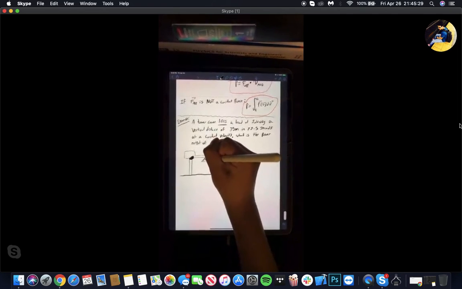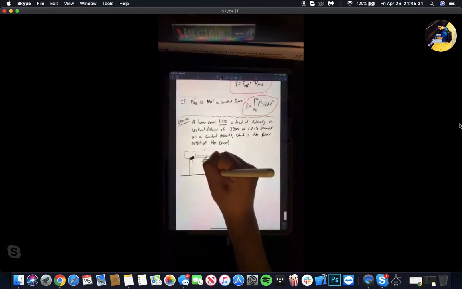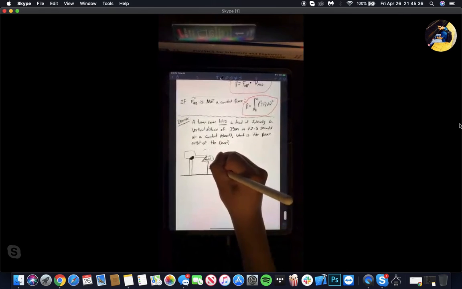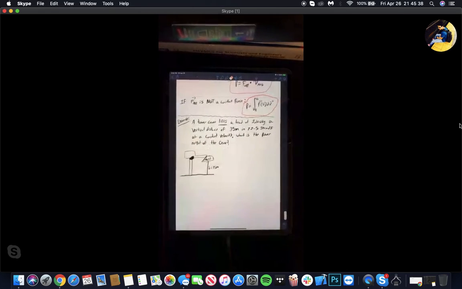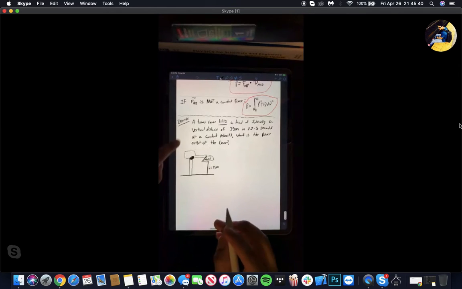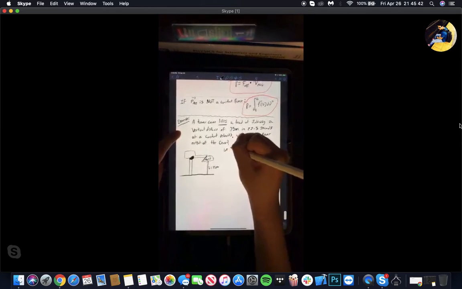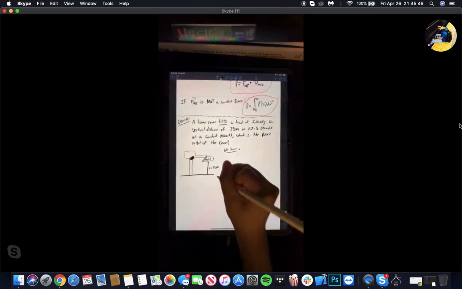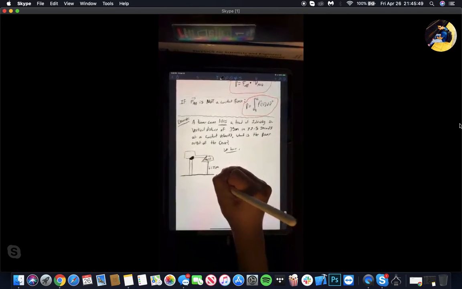So this is the mass, and the height it told us is what? 35 meters. So we have the zero PE reference level on the bottom.